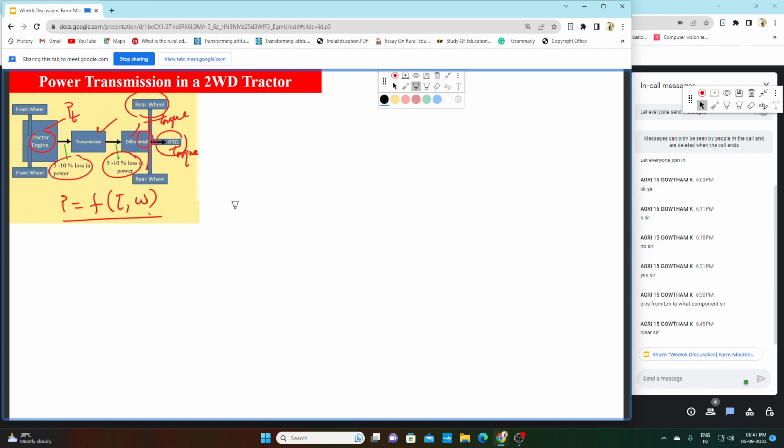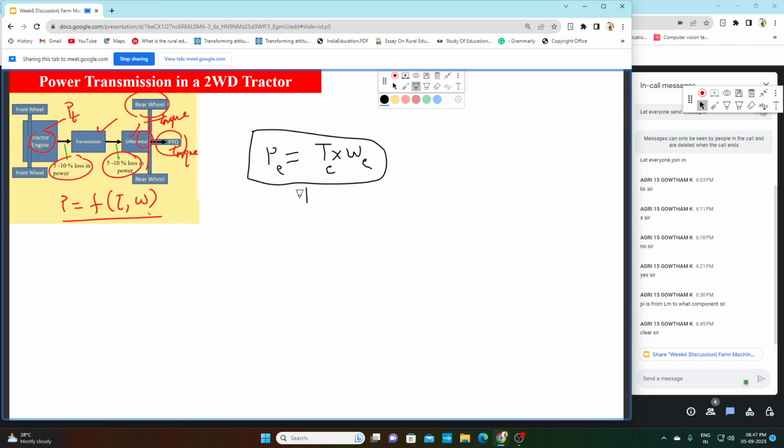Now, what is power? Power is torque into angular speed. Our engine has some power. If I denote the power of the engine as PE, then PE is TE into omega E. This is the formula for engine power: engine power is equal to torque of the engine into angular speed of the engine.